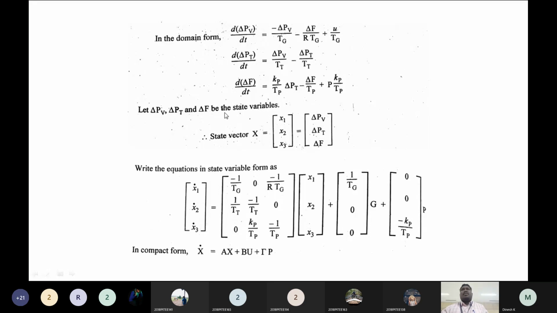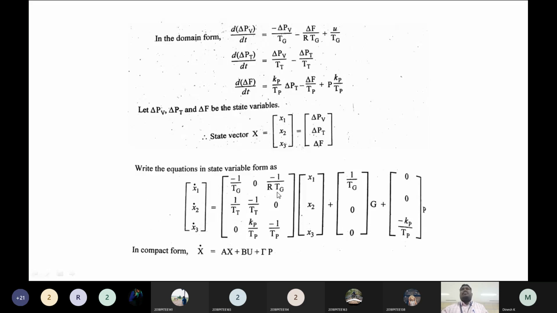So in the first equation we have del PV: minus 1 by TG into del PV. Similarly, PT is not in the first equation, so 0. And for F, it is minus 1 by RTG.